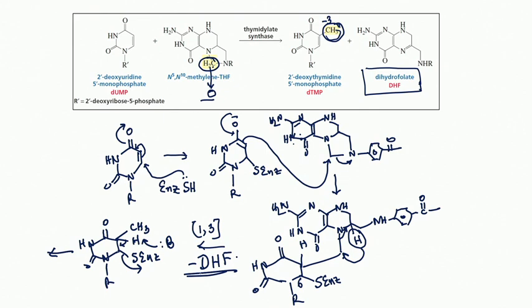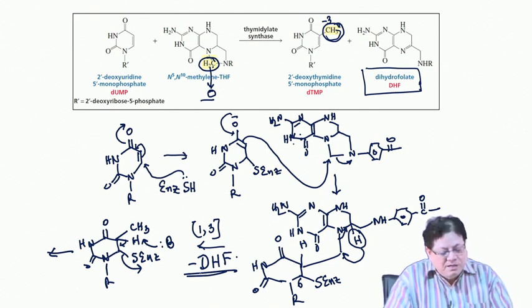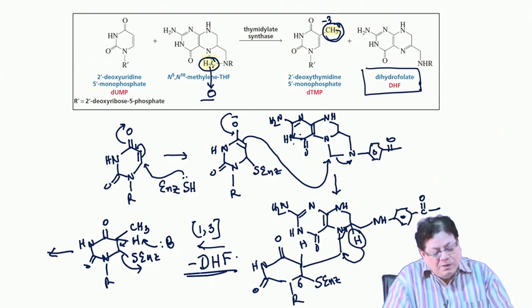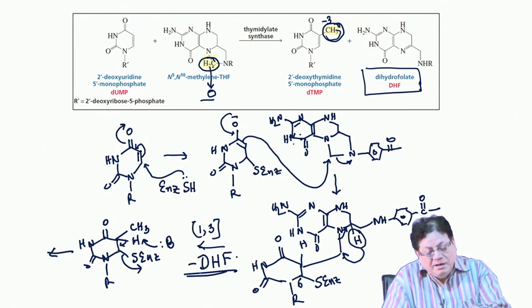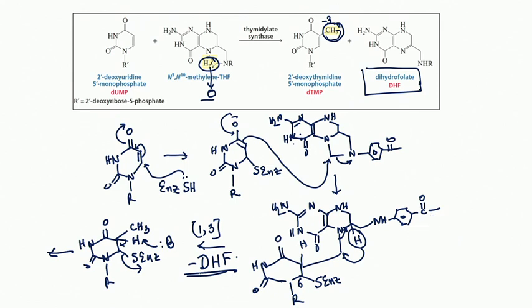Again, I just briefly summarize: first it is the Michael addition of the enzyme via the sulfur of a cysteine in the active site, and the resulting enolate attacks the methylene, resulting in the breakdown of this carbon-nitrogen bond, followed by the 1,3 migration of this hydrogen to the methylene, making it a methyl, and this bond goes to make up the positive charge created here. Okay.